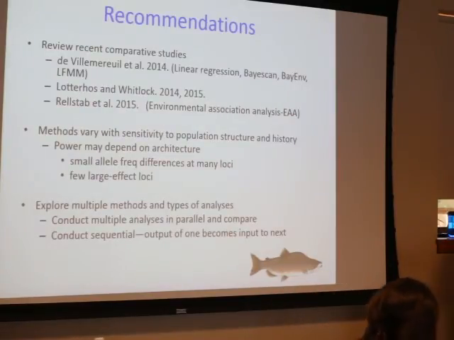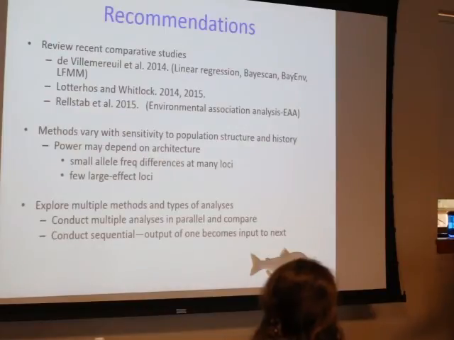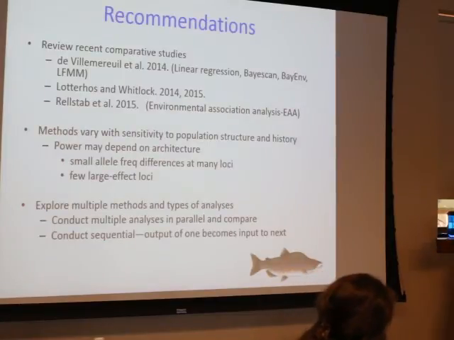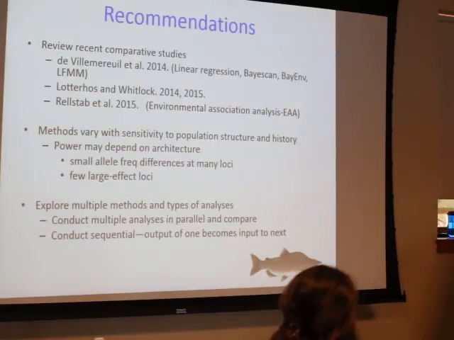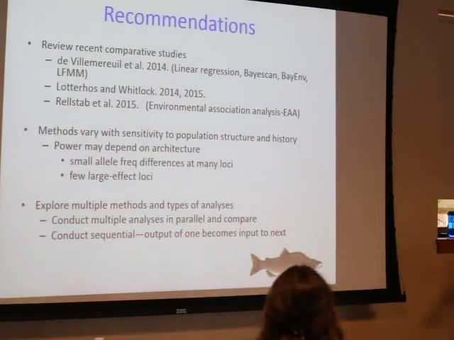So the different methods are going to be sensitive to this. If you explore multiple methods and types of analyses, there are a couple of different ways to do it. One, and I think every paper that I have shown has done it, is in parallel. So they look at LFMM, and they look at BayeScan, and they look at Bayenv, pretty much in parallel.